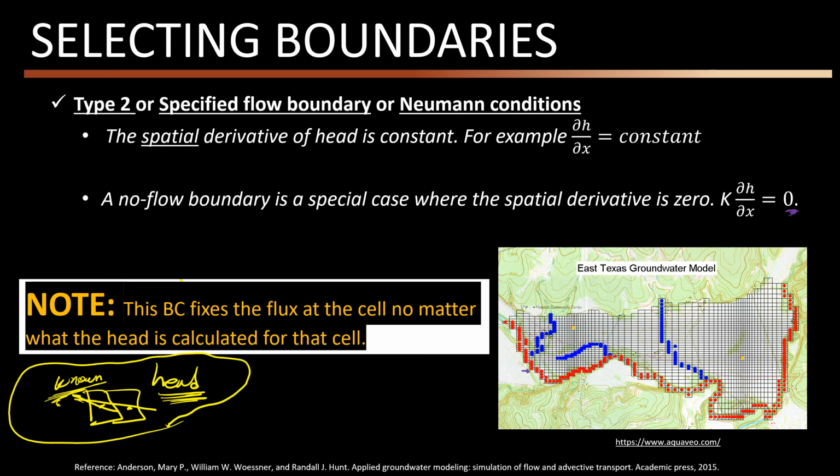So the problem with this boundary condition is that if you make a mistake in your model, you'll see that the head can go up in that cell dramatically, but you've already assumed that the gradient has not changed. So you need to be careful and look at this and make sure that it makes sense for your model.